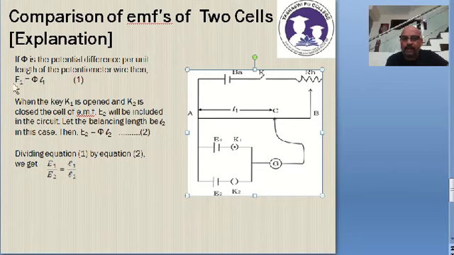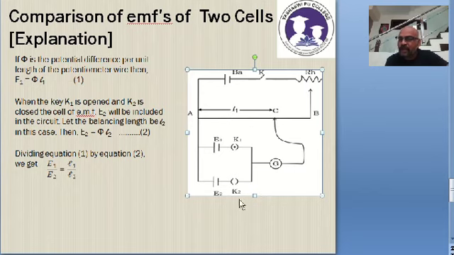Now take the ratio E1 divided by E2, that is equal to L1 by L2. That means, very simple: make this circuit, close the key K1, open the key K2, measure the balancing length. Whatever you measure will be proportional to E1, or E1 is proportional to L1.